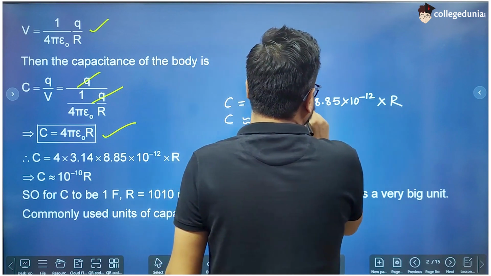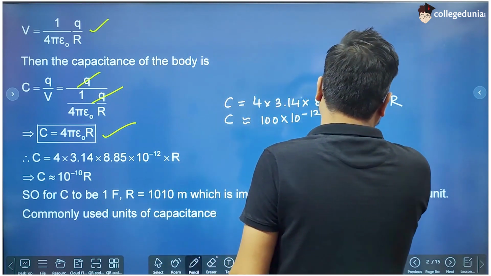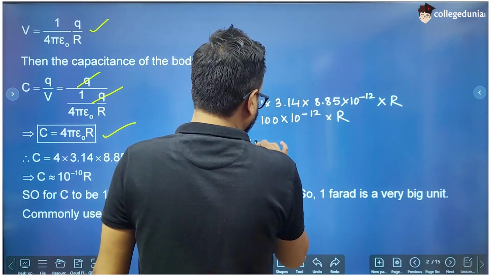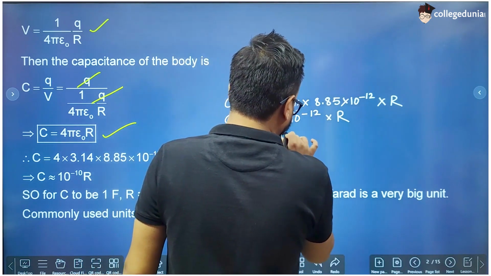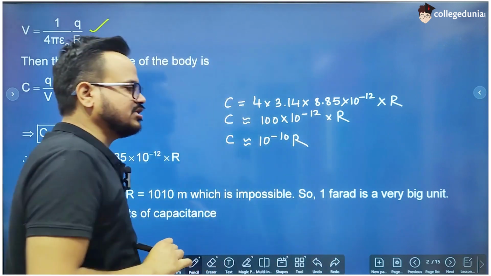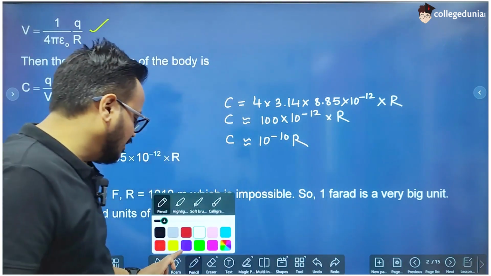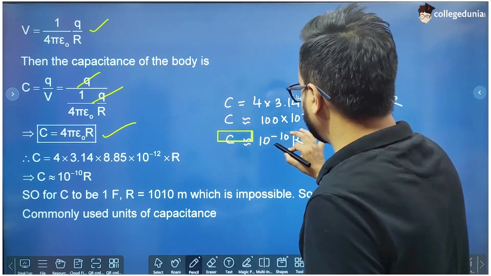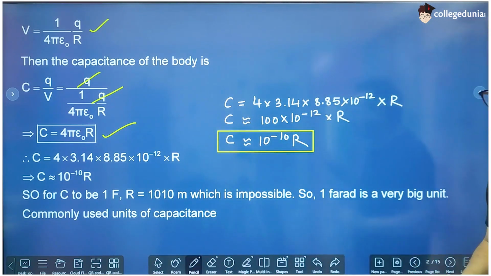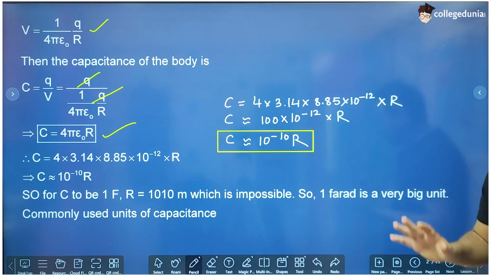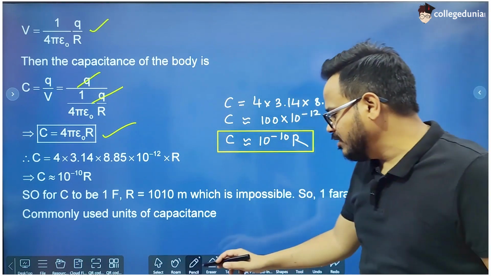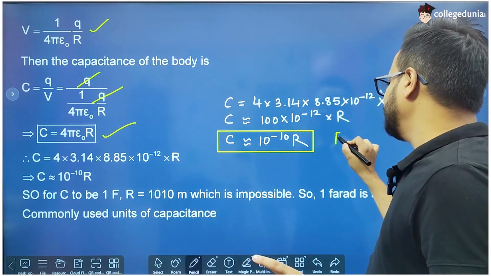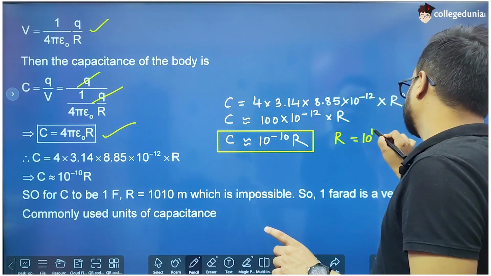If we multiply this by 10 raised to power minus 12, C is close to 10 raised to power minus 10 R, right? So this is the capacity of a spherical capacitor, a body of spherical shape. The capacity of a body of spherical shape is given by this value. So for C to be 1 farad, this R has to be 10 raised to power 10 meter.